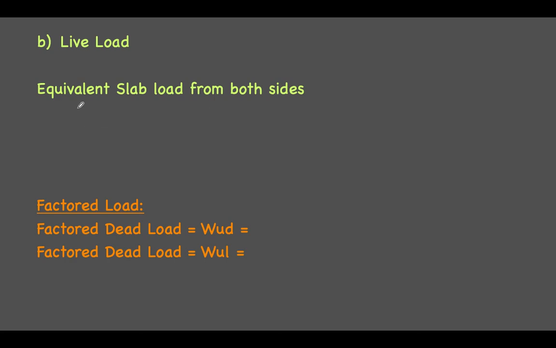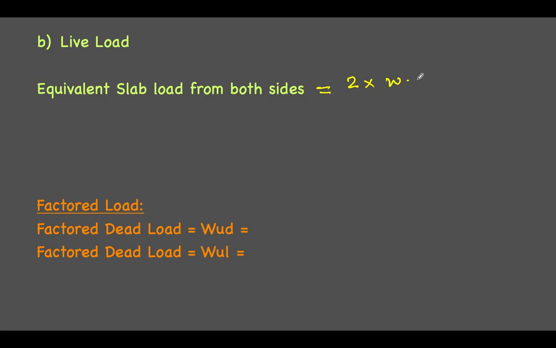Again on the same line, we have to consider equivalent slab load from both sides. What is equivalent? I have already discussed that. The triangular load or maybe trapezoidal load, we have to convert and consider as an equivalent uniformly distributed load, and for this we get 2 times W into Lx by 3, because we have 2 slabs on either side of a beam.